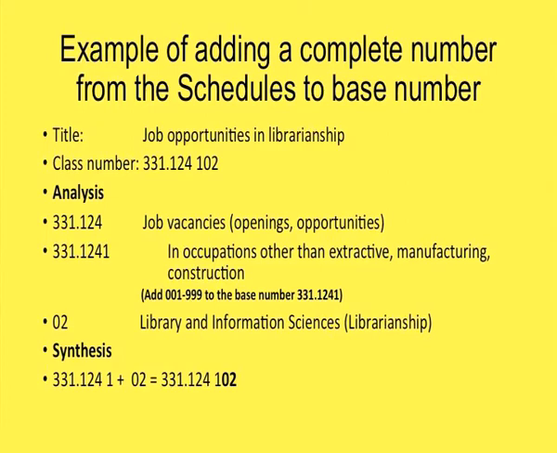So, wherever we have been given the base number, we then have to add the number for any vocation. 02, for example, is for library and information science or librarianship.